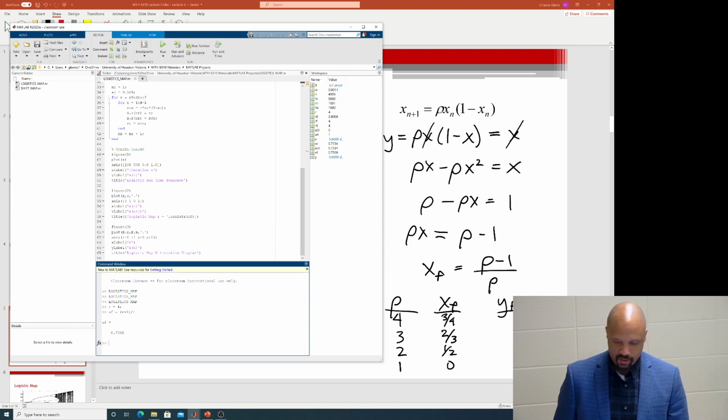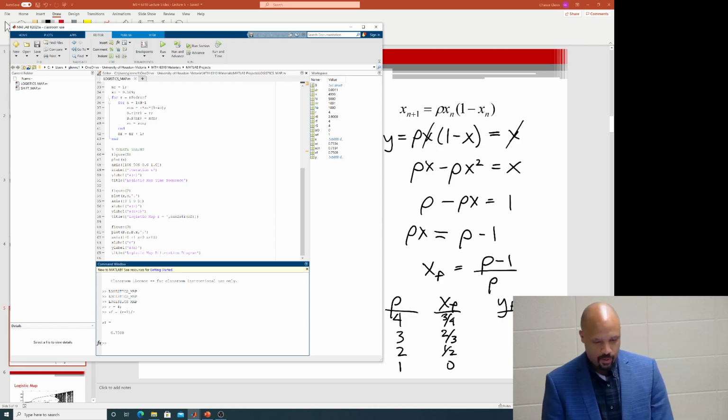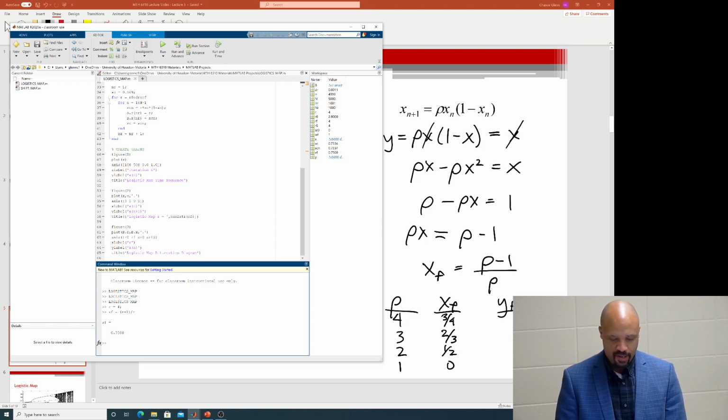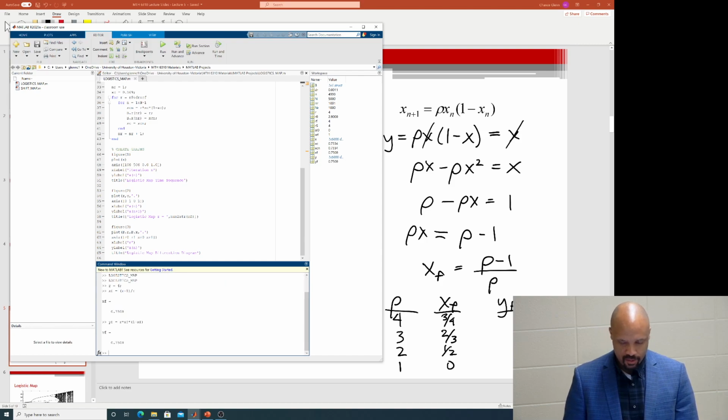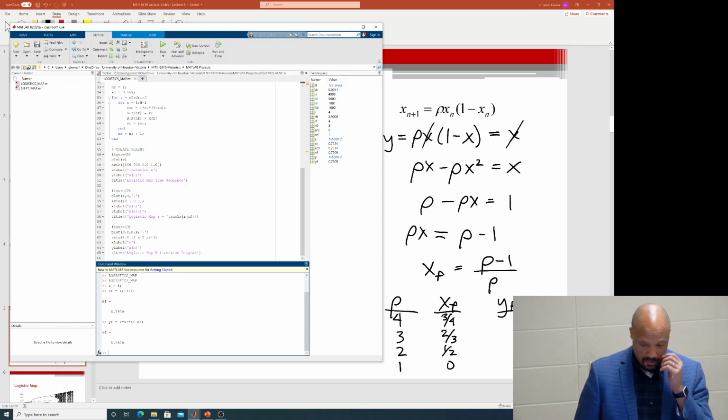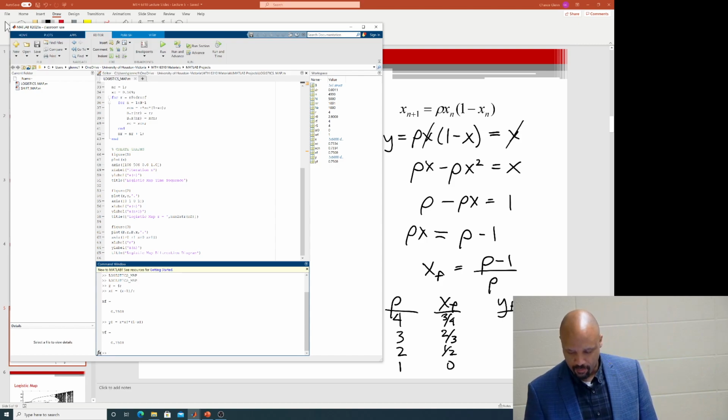And as we can see, for r equals 4, it's 0.75, as we said. Now we're going to put it into the expression. We'll say yf equals r times xf times 1 minus xf, and I'm going to see what that is. And it turns out that that is also 0.75.